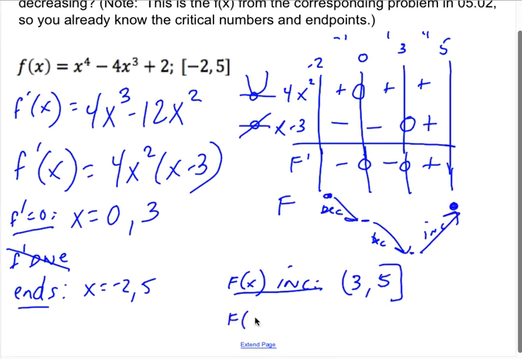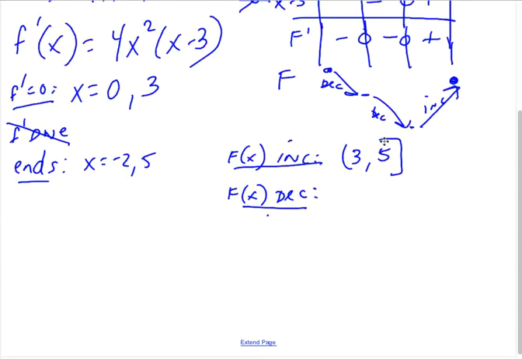Now, f of x is decreasing is an interesting notion. So there are two sort of ways to phrase this. F of x is decreasing from, sorry, there's a bracket at -2, right? From -2 until it gets to here, which would be at 3. Now, some of you are probably thinking, okay, but what about at this 0?